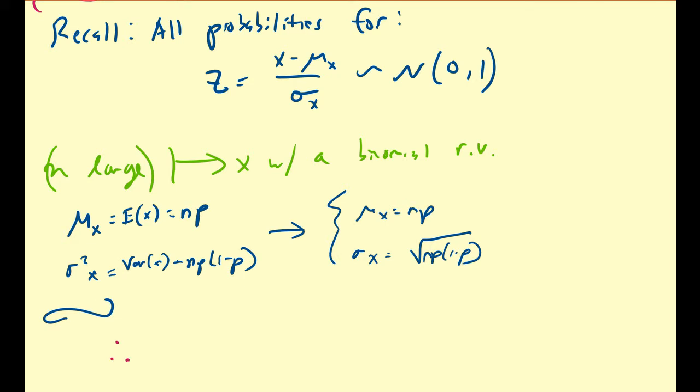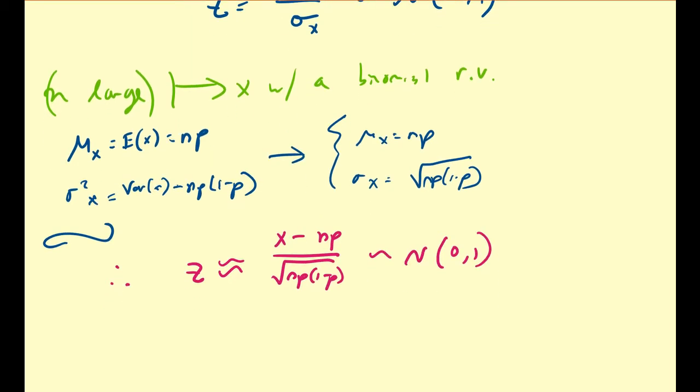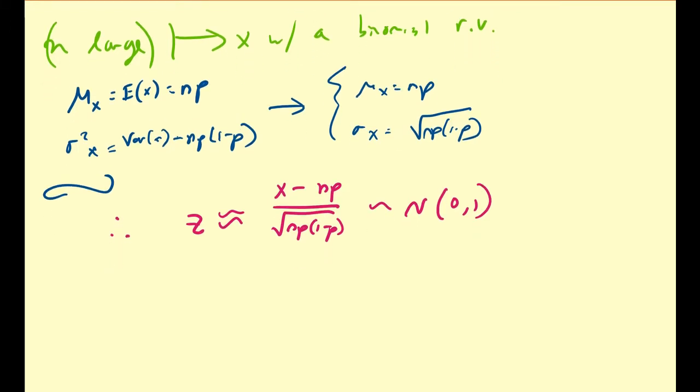So that means this variable Z is approximately equal to X minus np divided by the square root of np(1 minus p). And this is approximately a normal distribution. Okay, great.